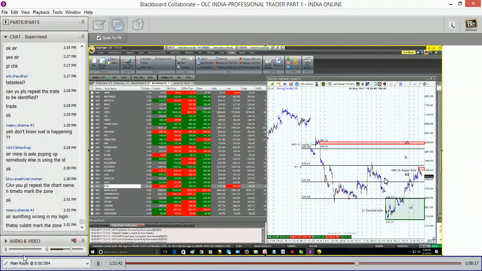Something wrong in my login. Okay, now it's logged in, no? We are having a look. Mark it now, Meenu.